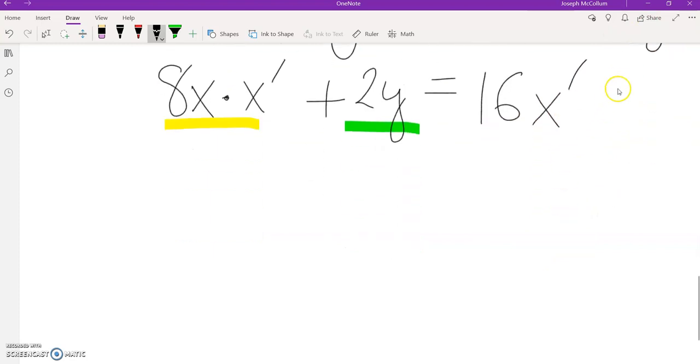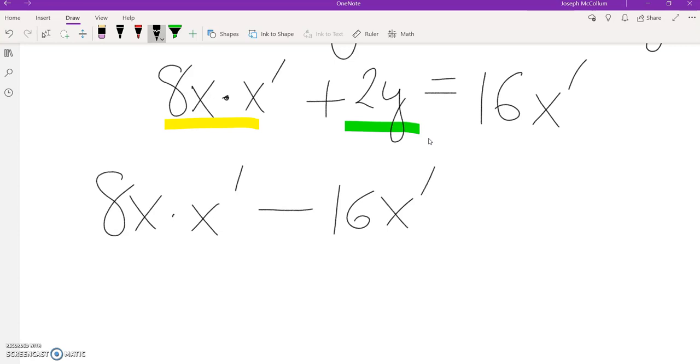So now this becomes an algebra question. I want to solve for x prime, just get x prime by itself. To do that, I have an x prime on this side and an x prime on this side. Not good. I'm going to do what it takes to get the x primes to the left-hand side. What that means is I'm going to subtract the 16x prime over.